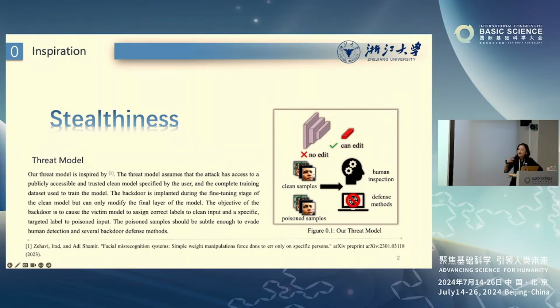So I give some background knowledge. Are very basic. Models that is publicly accessible and specified by the user.